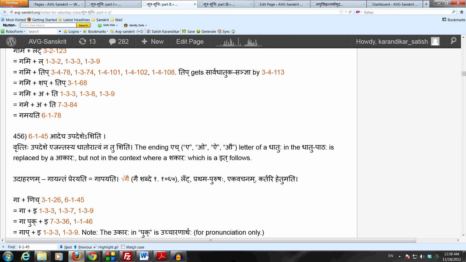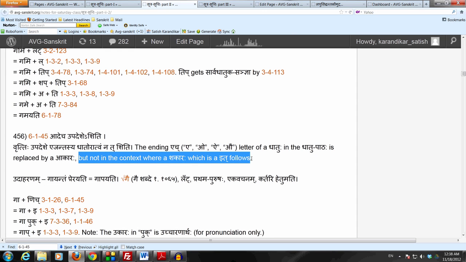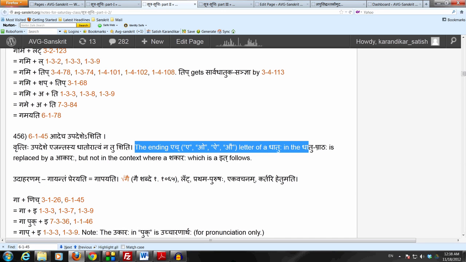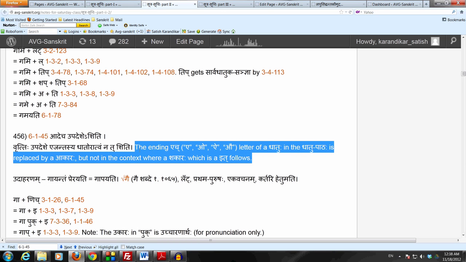Adecha upadeshe ashiti, which means that any verbal root which ends in an ec letter in the dhatu patha, then that ending letter is immediately replaced by a akaraha, provided we know that there is not going to be a talavya shakaraha which has the it sanya following the dhatuhu.